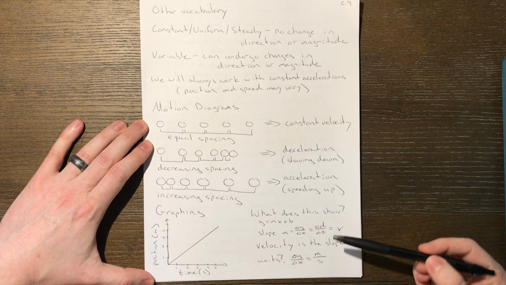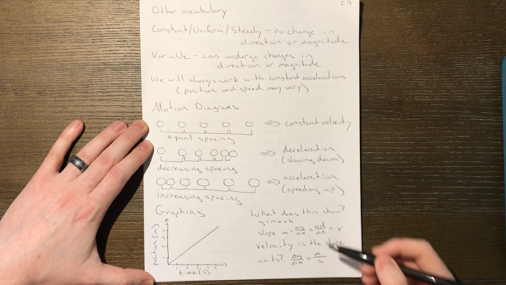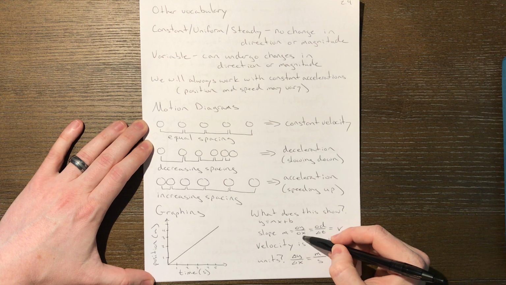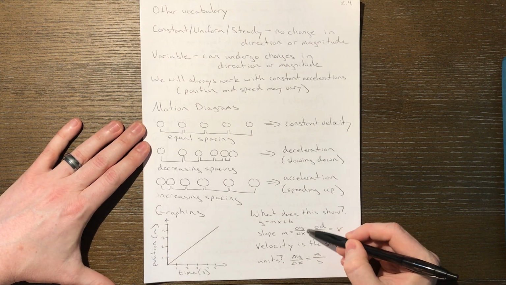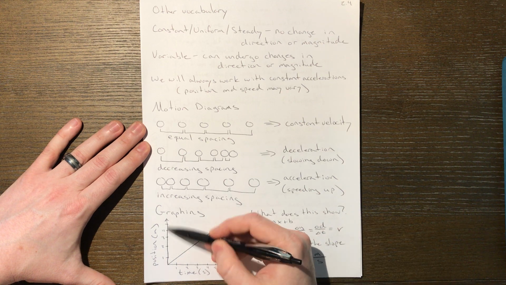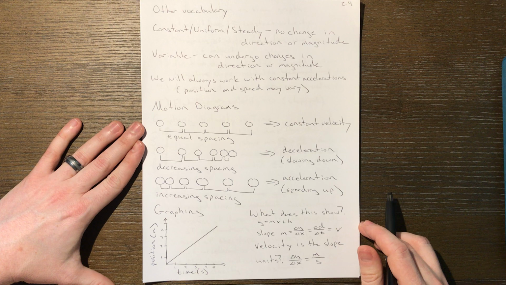Well, let's think back to our algebra roots. If this is a line on this graph, we have y equals mx plus b, must be some form of the line. And if you will recall, m represented slope. Slope is computed as your change in y over your change in x, or most teachers explain this as rise over run, how much your vertical amount changes as your horizontal amount changes.